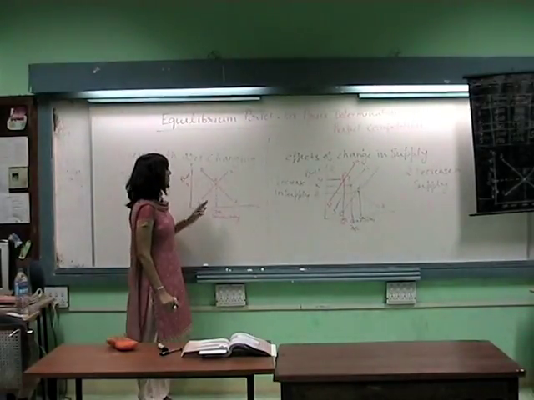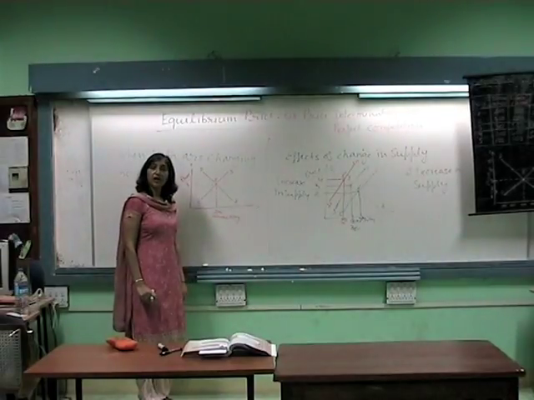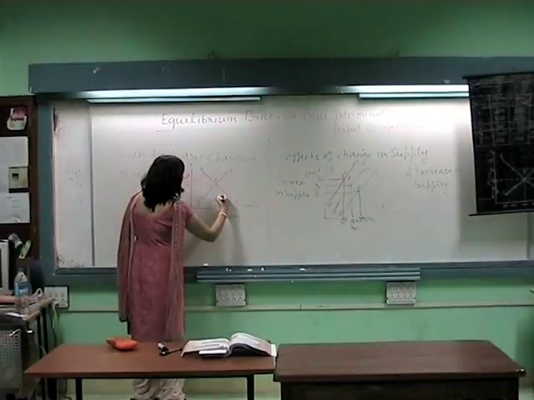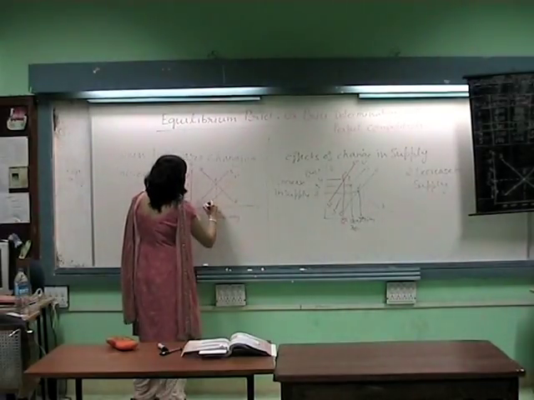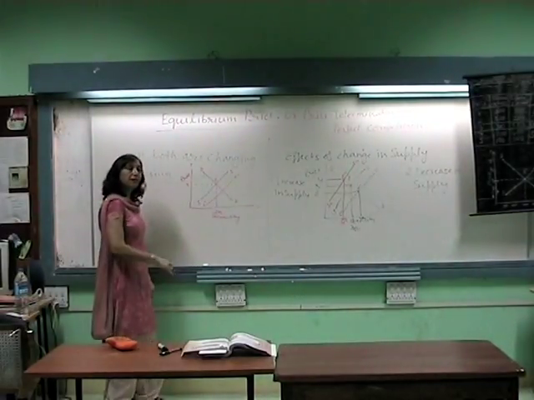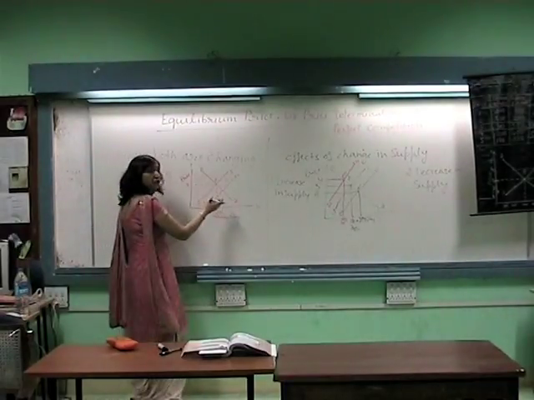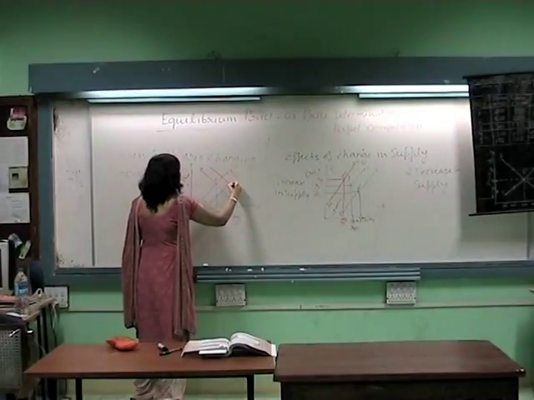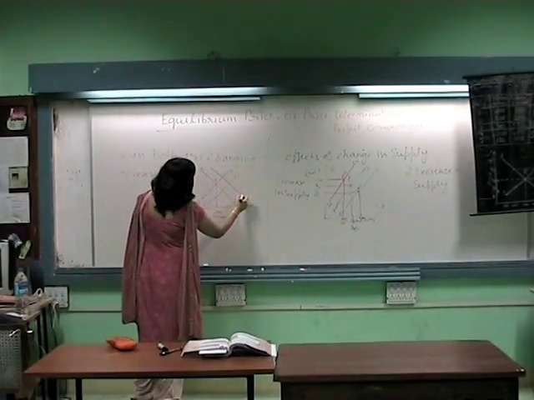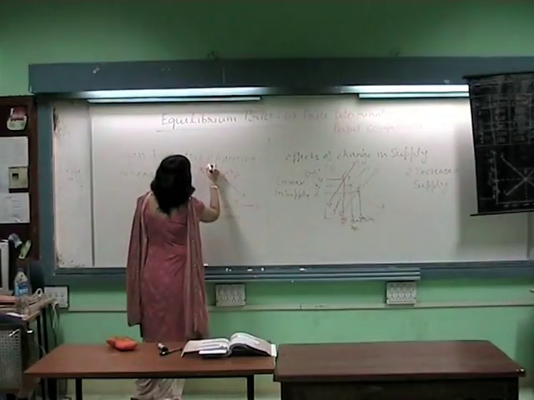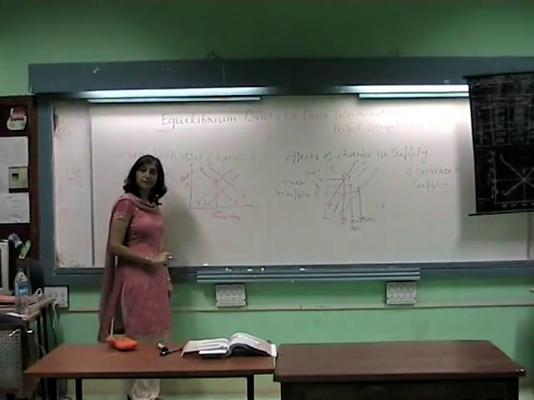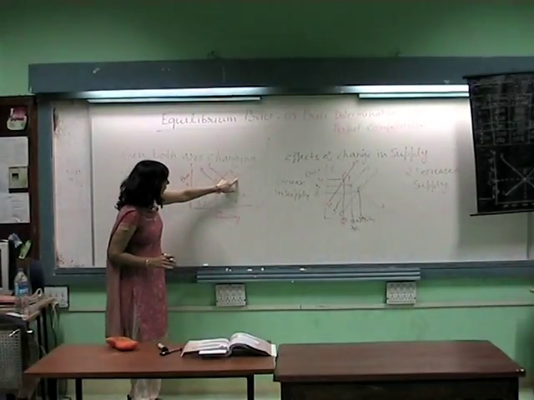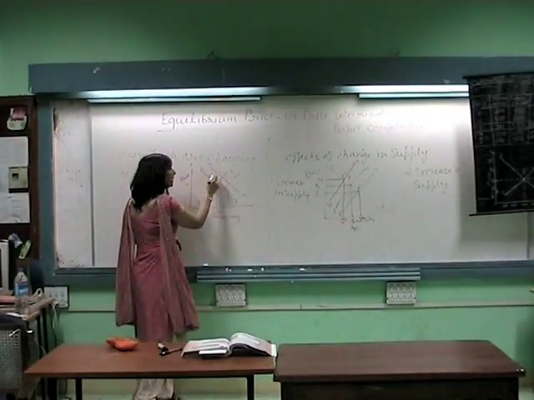Okay. Now supply has increased. Curve will shift to the right. Okay, it will shift. Demand has also increased. Curve will shift to the right side. Now what happens? The equilibrium will take place where the new supply curve will intersect with the new demand curve.